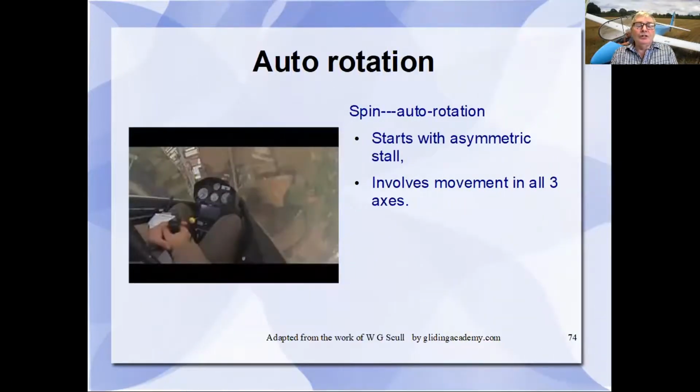Now moving on to auto-rotation, which is basically a spin, and a spin always occurs from an asymmetric stall. In other words, both wings are not stalled to the same degree at the onset of a spin, and the spin involves movement in all three axes, so in pitch, roll, and yaw.